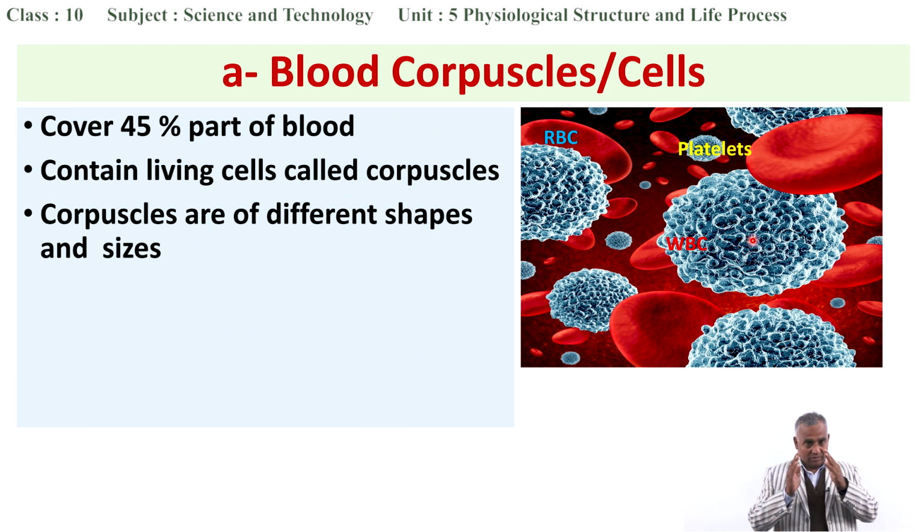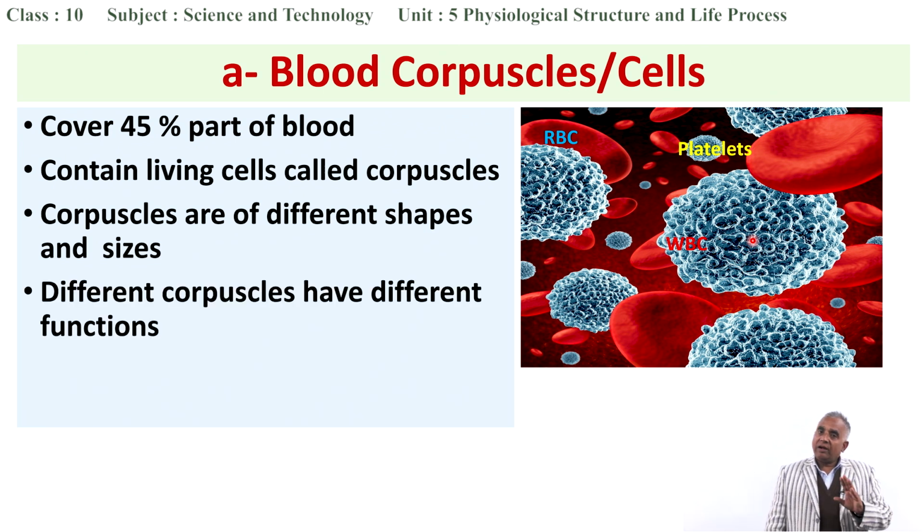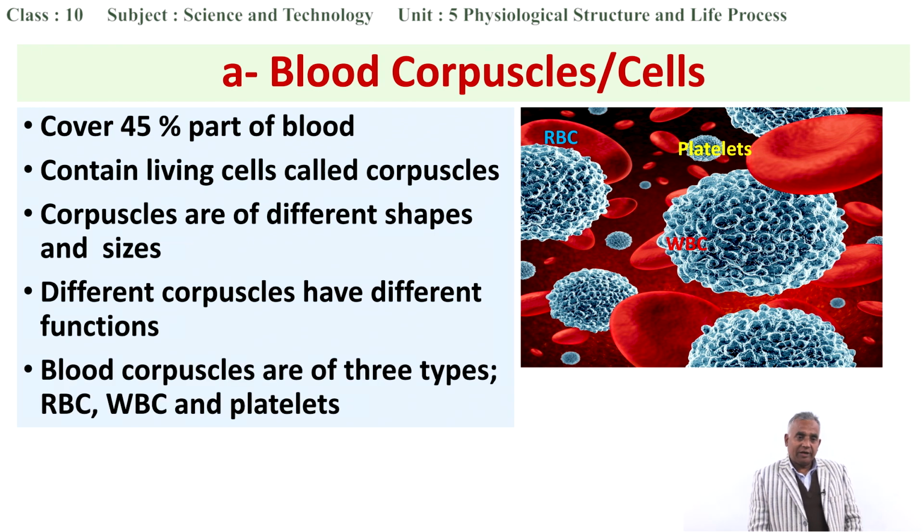Today we will study these blood capsules in detail. Different capsules have different functions. The next point is that blood capsules are of three types: RBC, WBC and platelets. We have already studied them, but only became familiar with the names, not in detail.